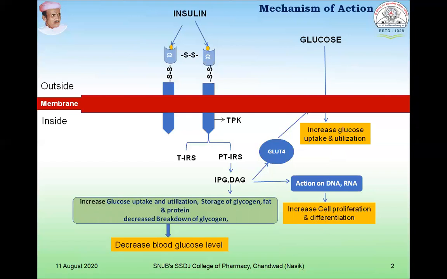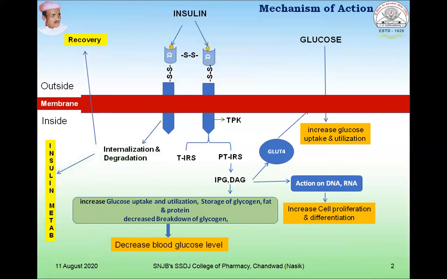Stimulation of GLUT4 also allows glucose inside the cell, thereby increasing glucose uptake and utilization. Finally, as a result of internalization and degradation, the receptor insulin complex is either degraded intracellularly or returned back to the surface from where the insulin is released extracellularly.